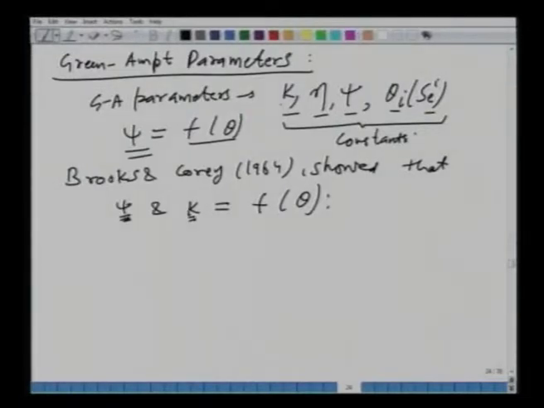First one is the hydraulic conductivity K, second one is the porosity of the soil, and psi is the suction head. All right. All these are properties of the soil, and then this theta I is nothing but the initial moisture conditions of the catchment.